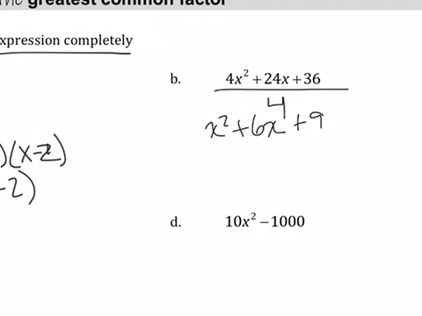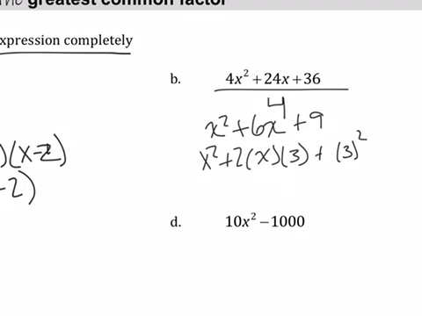Okay? Looking at this now, you're going to see that this is a perfect square trinomial, and we want to rewrite it as a squared plus 2 times a times b plus b squared. Now, I'm not going to make you rewrite the whole model, but it's just going to be x squared plus 2 times x times the b value, which in this case is 3, and then 3 squared.